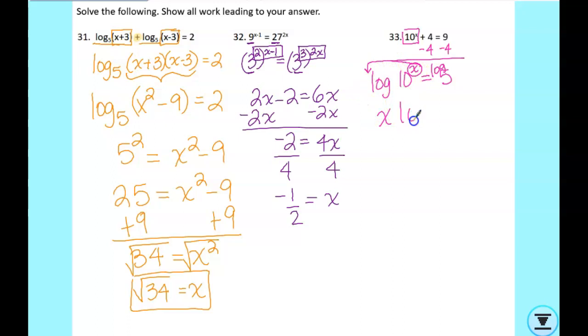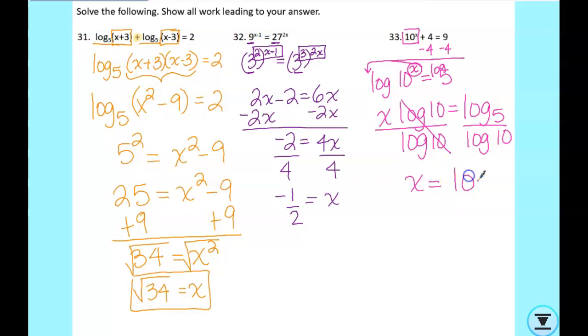So this is going to be x log of 10 is equal to log of 5. To get x by itself now, we just have to divide both sides by log of 10. These two are going to cancel out, and so we have x is equal to log of 5.